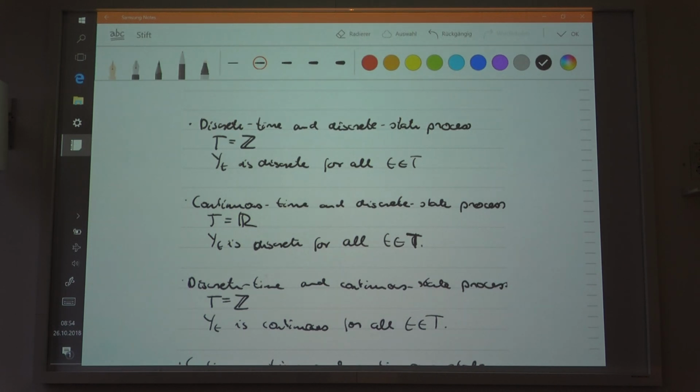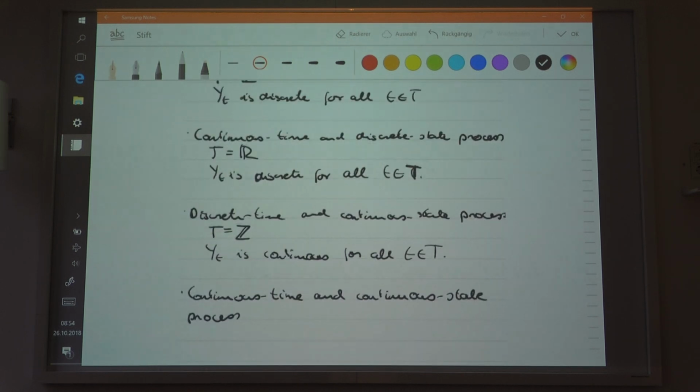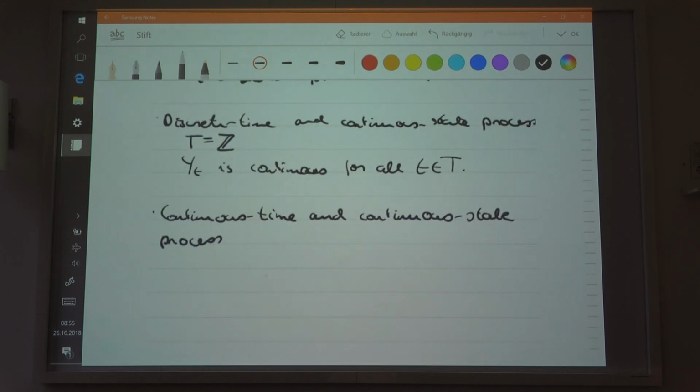The second one is a continuous-time and discrete-state process. The third one is a discrete-time and continuous-state process. And the last one is a continuous-time and continuous-state process. For a continuous-time and continuous-state process, the set representing the time is equal to the set of real numbers, and Y_t is continuous, of course.